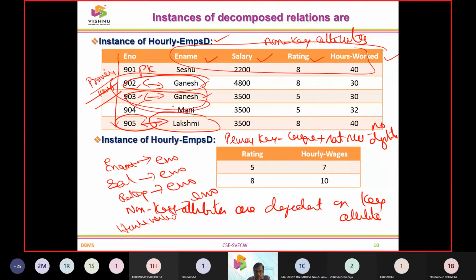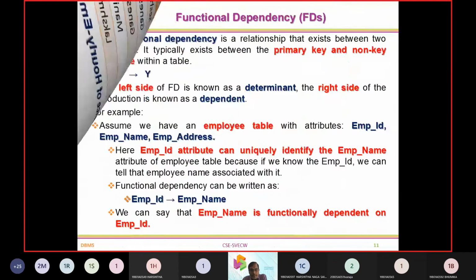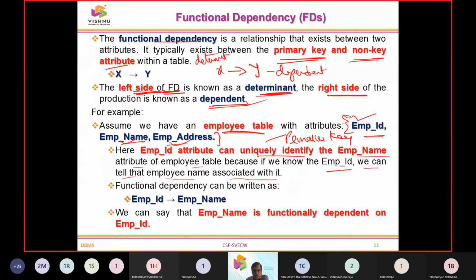If I call 903, Ganesh 1 works. If I call 902, Ganesh 2 responds. So there is a relationship that points out the functional dependency between employee ID and employee name.